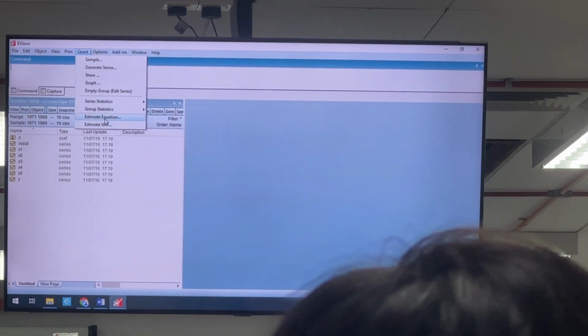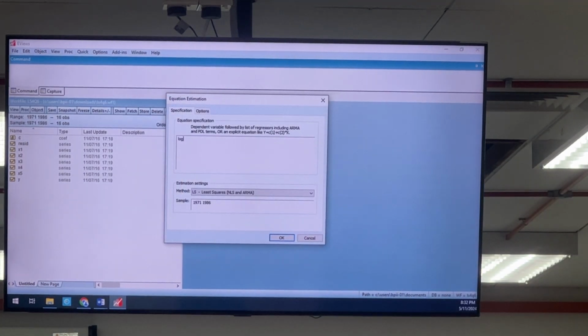Use log model: log y space c, log x1, log x2, log x3, log x4, log x5.